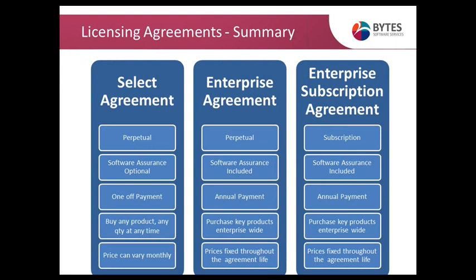For the Select agreement, you can buy any product, any quantity at any time. The Enterprise agreement focuses on those key products that you license across the entire organization, but you can add in any other products you like at any time. With the Select agreement, the prices can vary monthly, but when you go into an Enterprise agreement, you fix those prices through the agreement life.